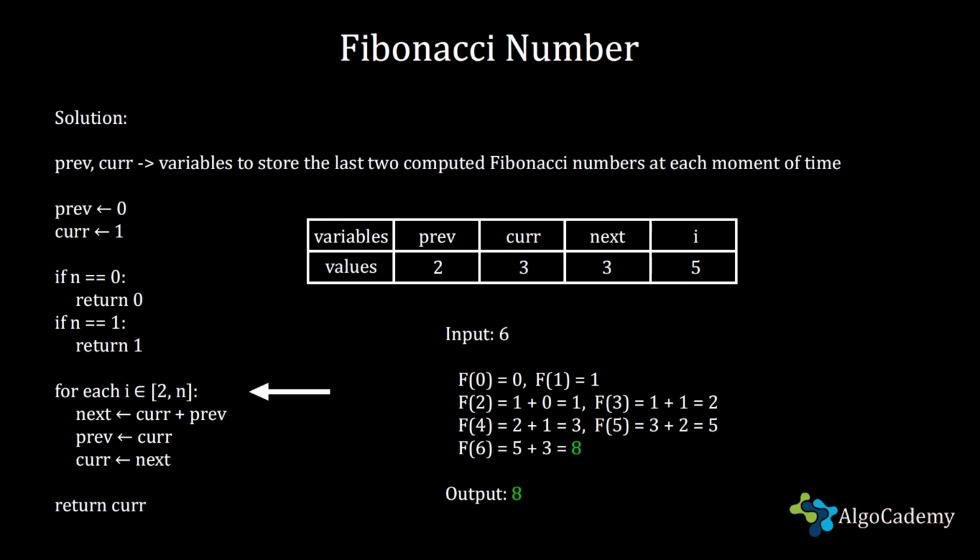Next step, i is 5. Next is 5. Prev is 3, and current is 5. Next step, i is 6. Next is 8. Prev is 5, and current is 8. And the for loop finishes execution. In the end, we return current, which is 8, and is indeed our desired answer.